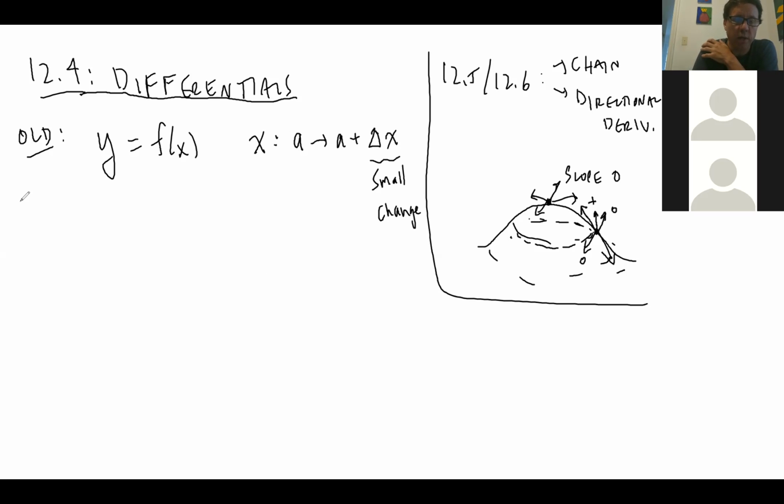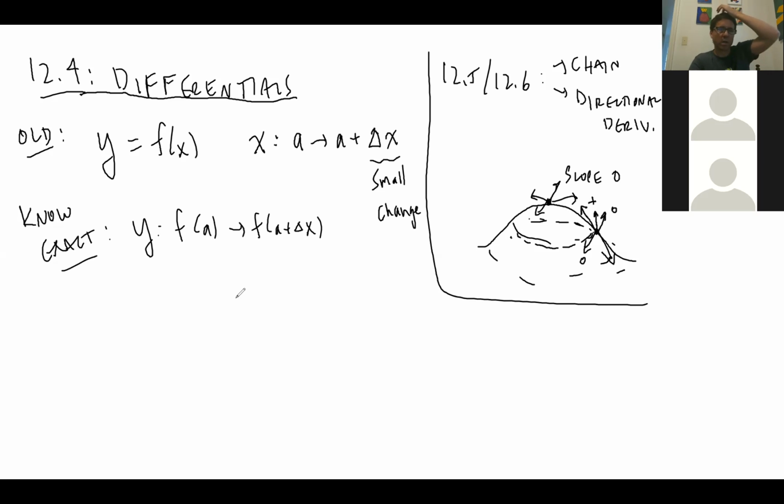So we know that the exact answer is that y is going to be going from f of a to f of a plus this little amount. But the point is that this one right here might be difficult to calculate.